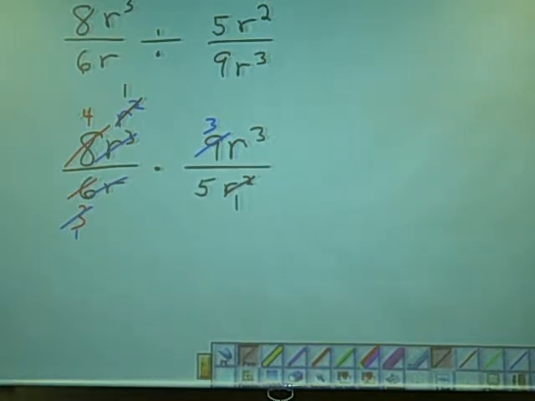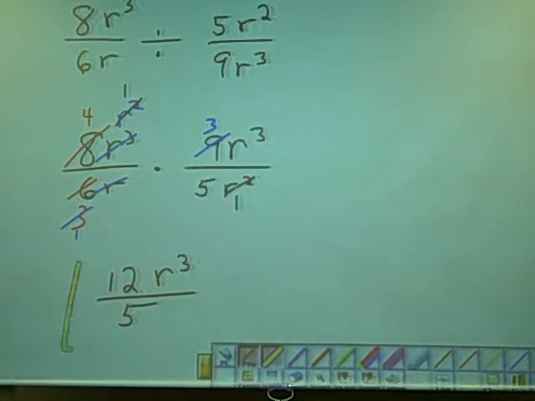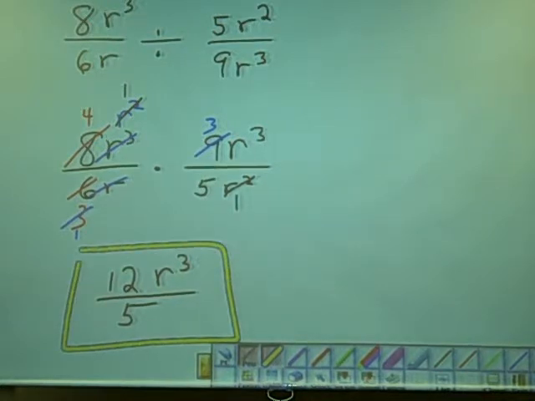And so we've got 4 times 1 times 3, 4, and so that'll be 12. And then we just have that r cubed. And then here we have 1 times 5, so that'll be over 5. And so we get 12 r cubed over 5. All right, questions with that?